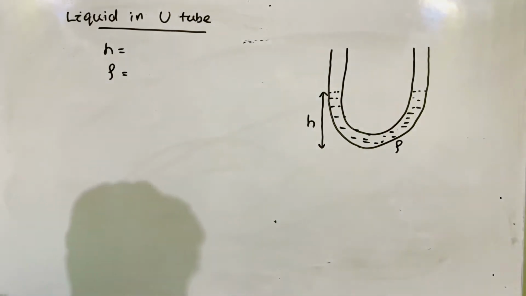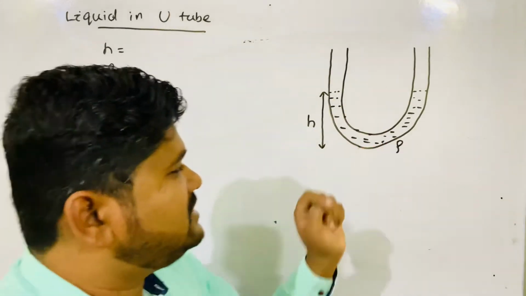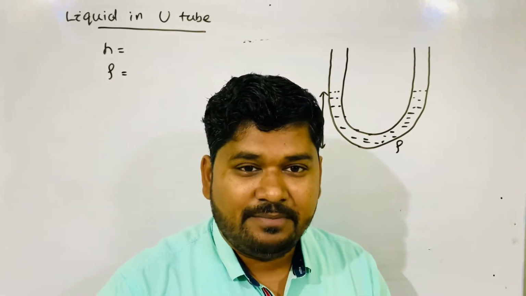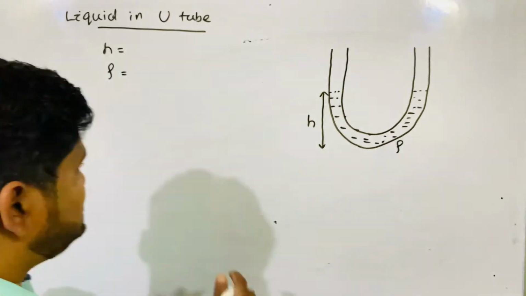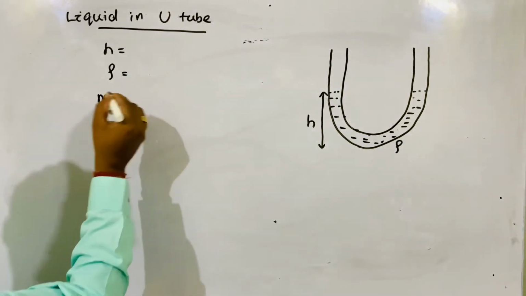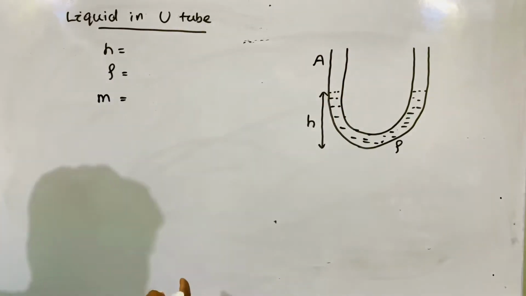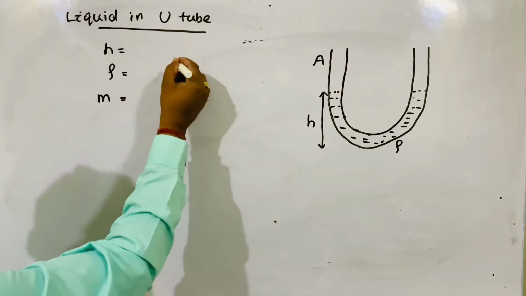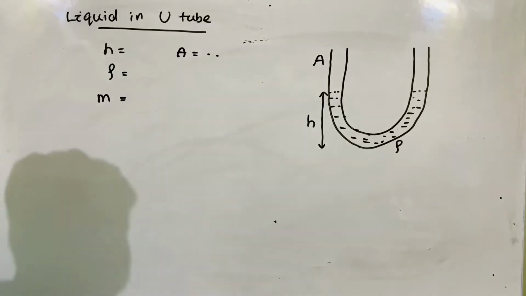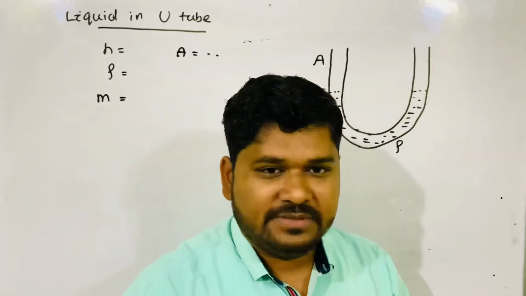Then how much liquid is in this tube? The mass of the liquid may be required, so let's find the total mass of liquid. Take A as the area of cross section of each limb.